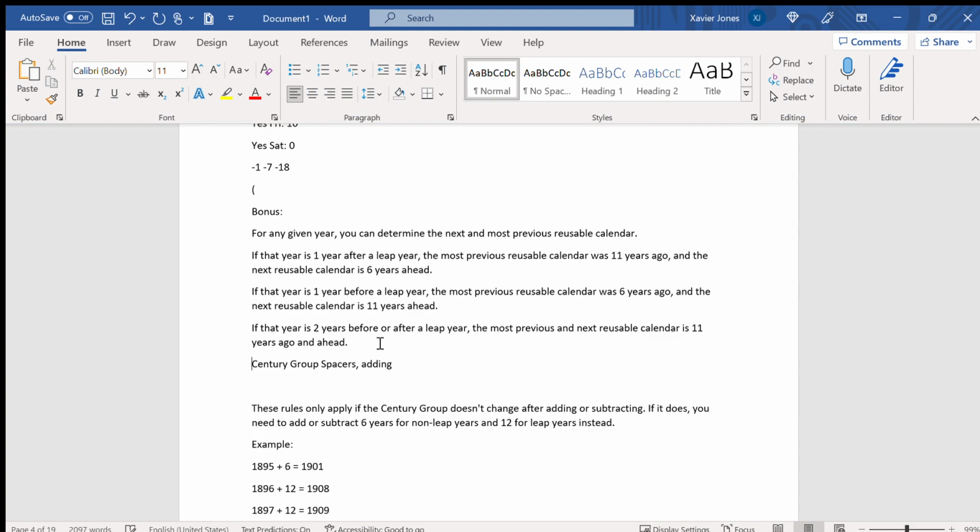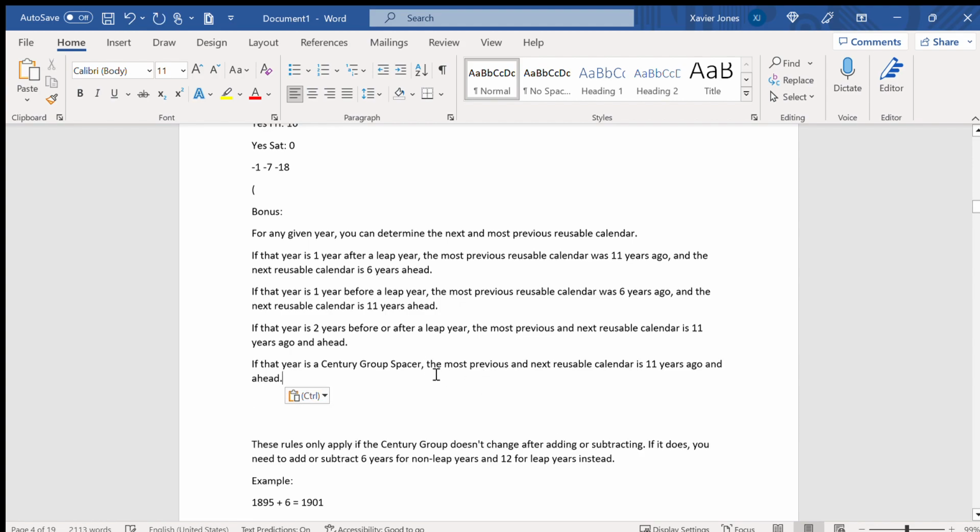I guess I could say if that year is a century group spacer, the most previous and next reusable calendars were 6 years ago and ahead. I don't know why that works. But it does.